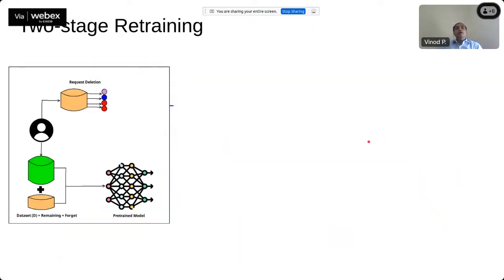So let's try to understand pictorially how this unlearning approach could be implemented. On the left hand side, we have a complete data set which contains two parts. One object, colored in green, is the data point that we would like to retain. Another data point which we would like to forget is represented in this orange color object.